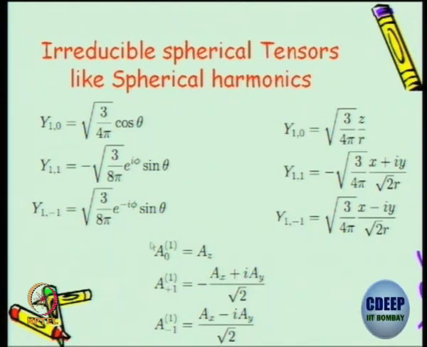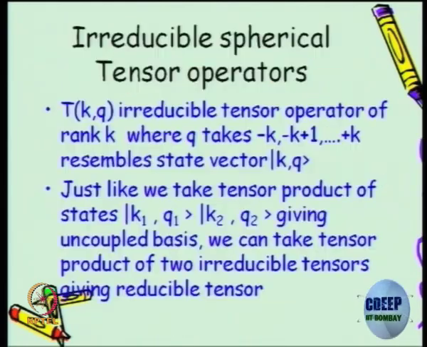Is that clear? So this is for a tensor of rank 1. This I have already said. There is a lot of resemblance between spherical harmonics and the k comma q, and similarly, formally, for any other vectors other than position vectors, you can have a similar behavior of how k q behaves under rotation. That's the same way the operators will behave in the similarity transformation.